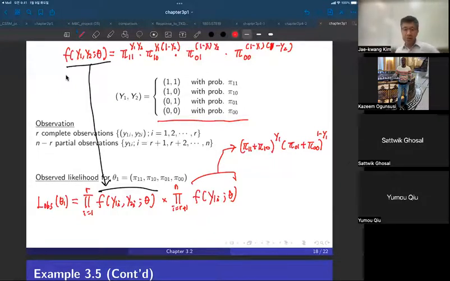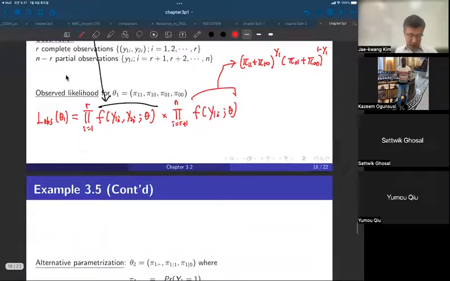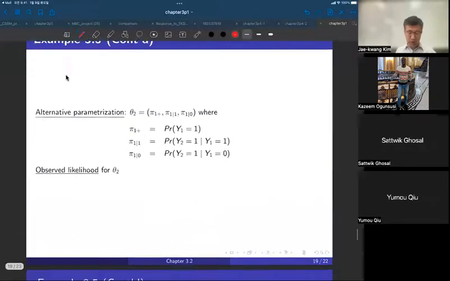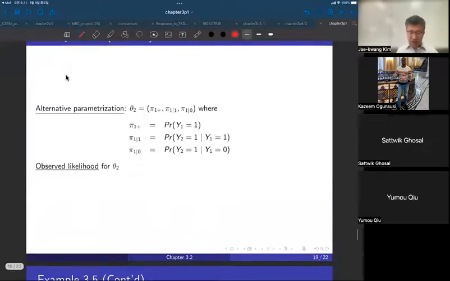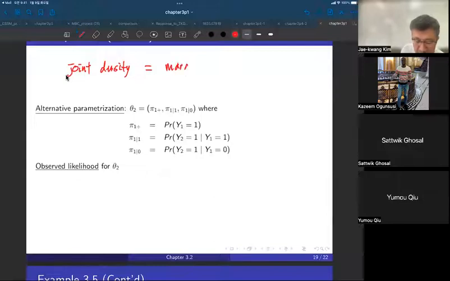Okay. So we're going to use an alternative approach. So the idea is to consider a different parameterization. So the alternative parameterization is essentially factorized from marginal and conditional. So the joint equals the marginal density times the conditional. Okay.